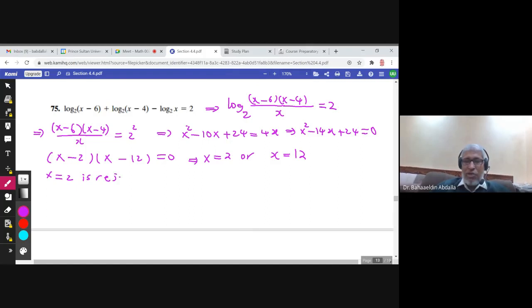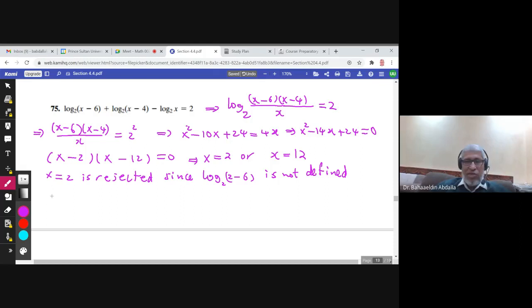It is not accepted, although it's positive. But the problem is not being positive or negative. Our problem with log x minus 6 is that it should be defined. So log 2 minus 6 is not defined, because it would be log negative 4, and this is not defined.